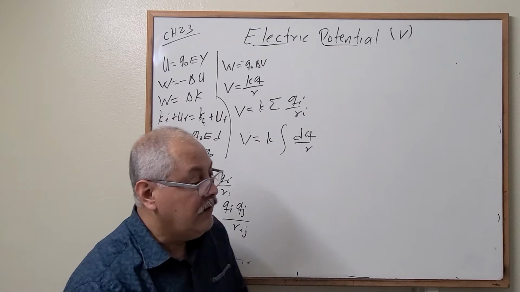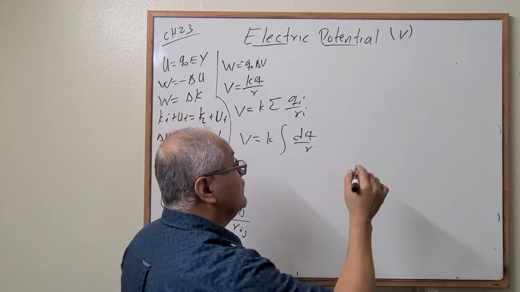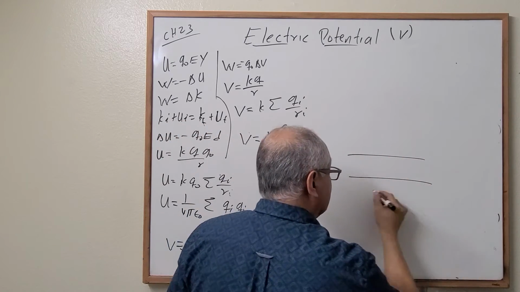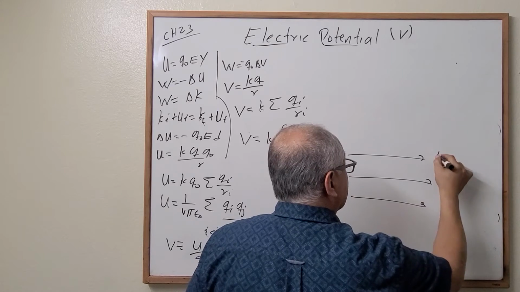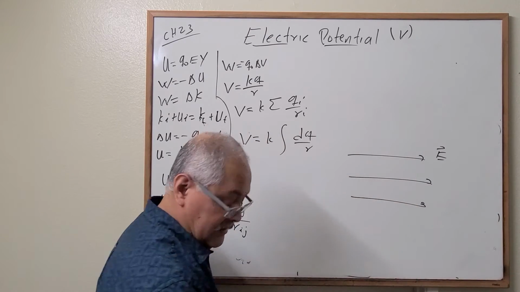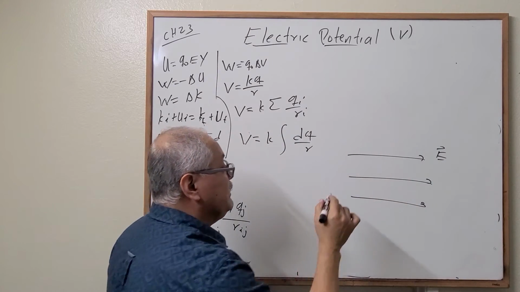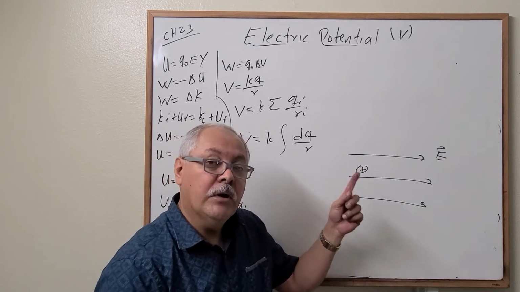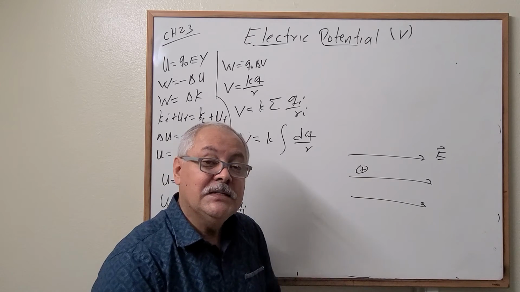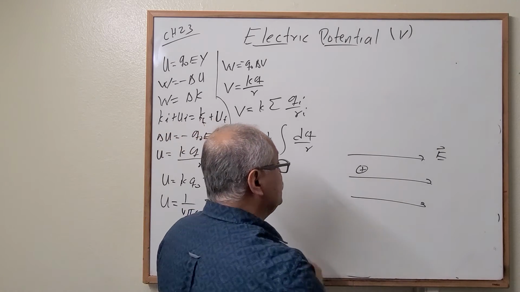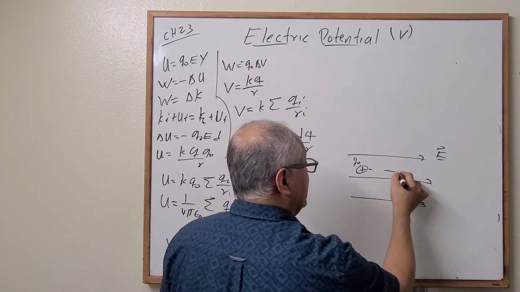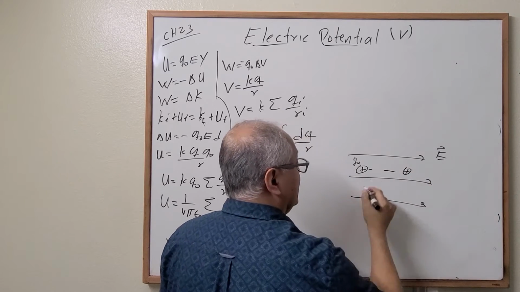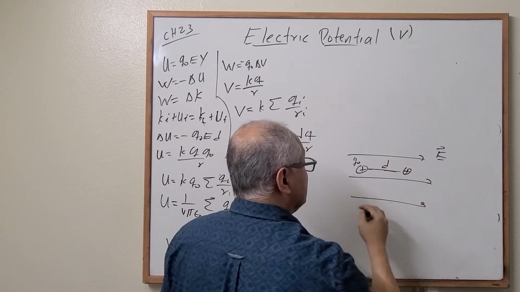Now imagine that we have a constant electric field moving to the right. The electric field is constant. And we place a positive charge right here. Of course, the electric field is doing work. It's accelerating this charge, Q naught. Later, the charge is right here. Imagine that the distance is delta x.